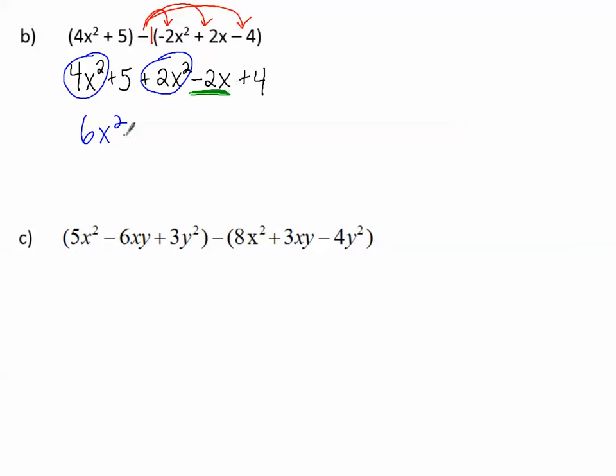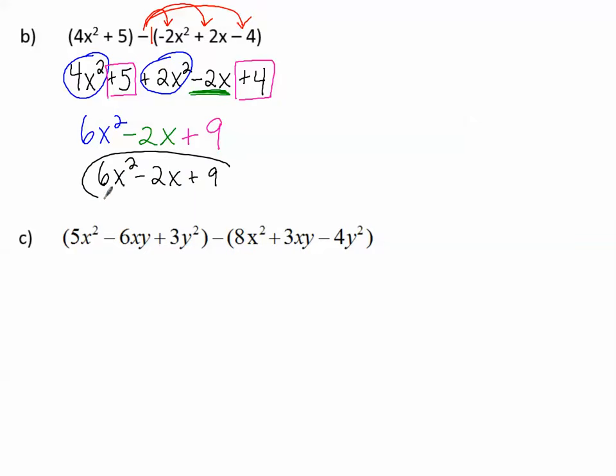There's only one of them, negative 2x. Then I have the constant term, positive 5 and positive 4 make positive 9. And there's my answer, 6x squared minus 2x plus 9 in standard form. Let's try one more.